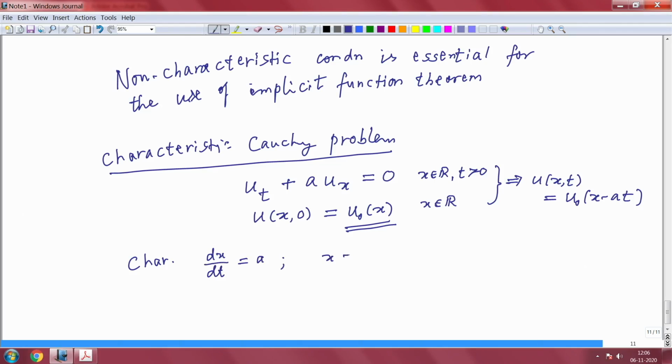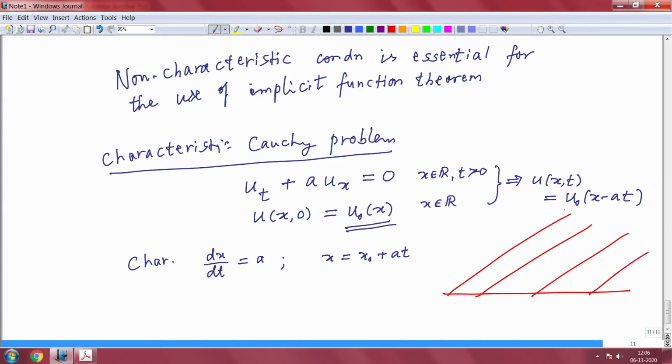So, they are straight lines. So, x is equal to x0 plus at. Okay, so, let me just draw that. Suppose a is positive. So, these are the straight lines with slope. So, this is the x axis and this is the t axis.